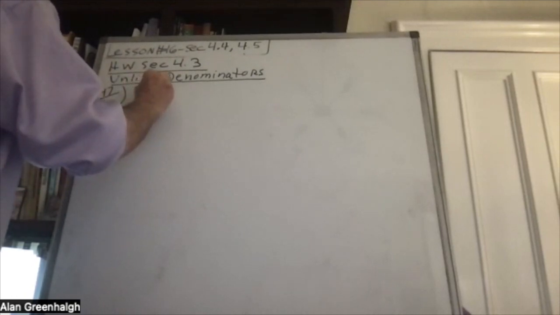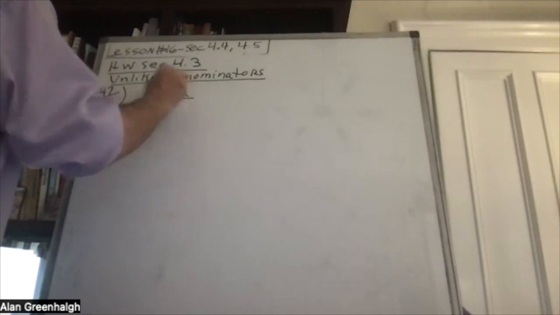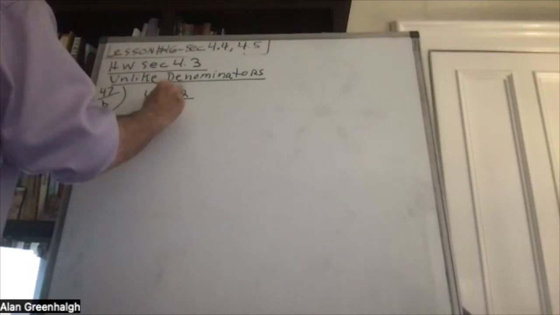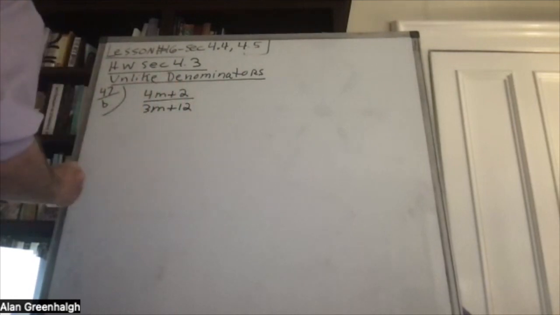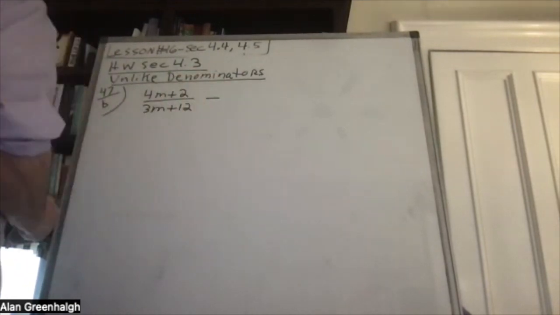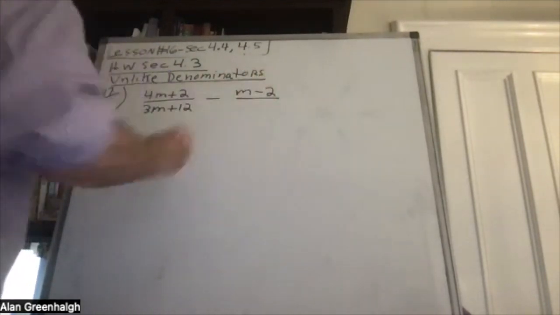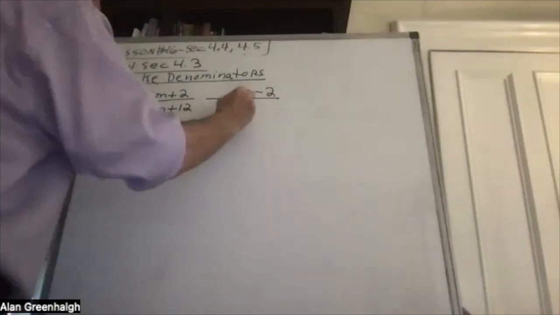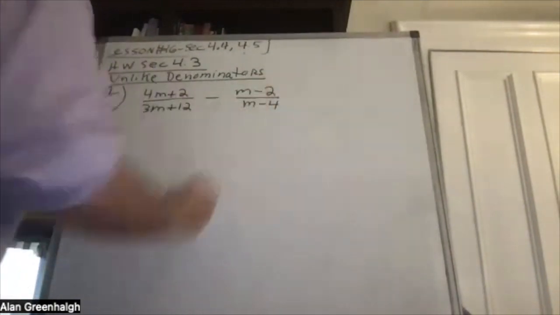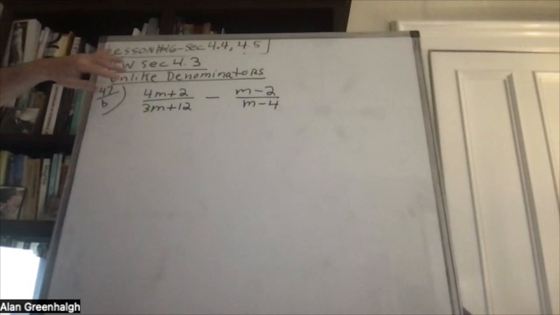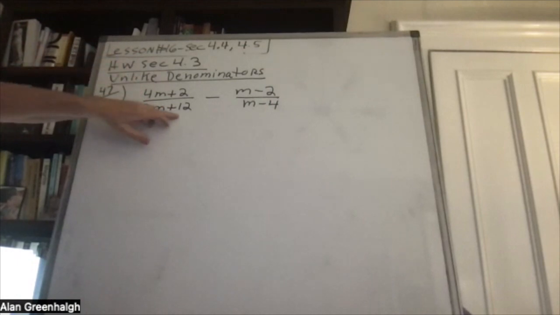4m plus 2 divided by 3m plus 12 minus m minus 2 divided by m minus 4. Okay, so I don't know if I'd factor this, but I'd certainly factor this.